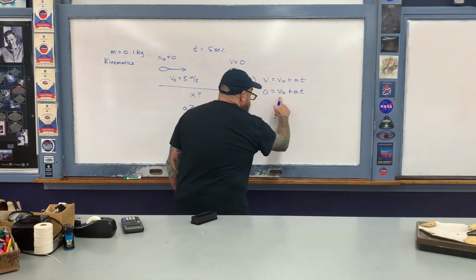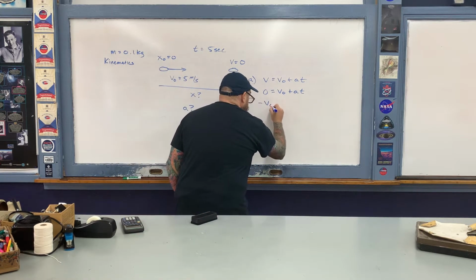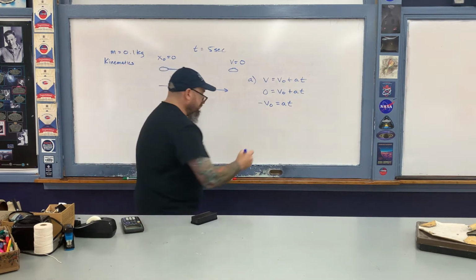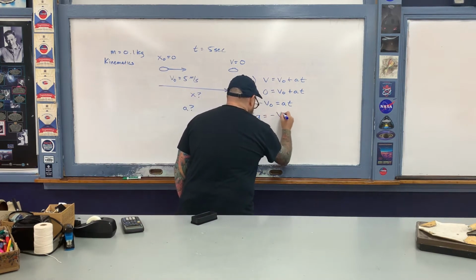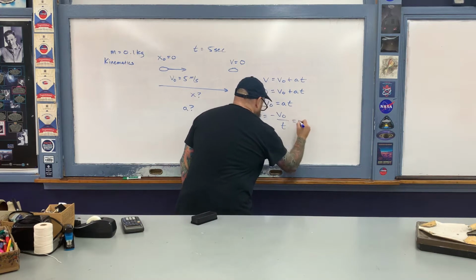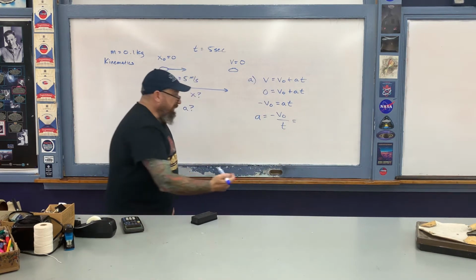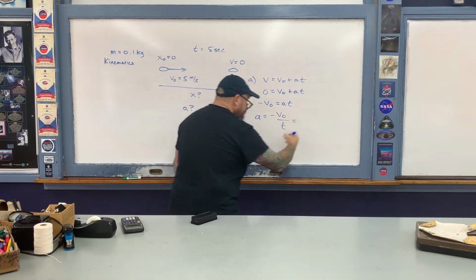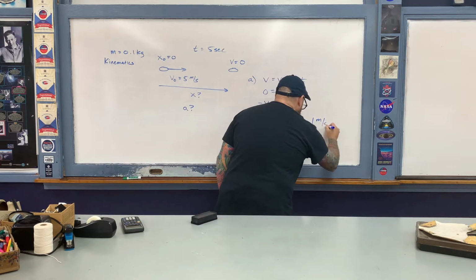So move the v naught here to the other side. We pick up a negative sign when we do, and then divide by the time t to get the acceleration by itself. So I then end up with negative 5 meters per second divided by 5 seconds. This is just negative 1 meter per second squared.